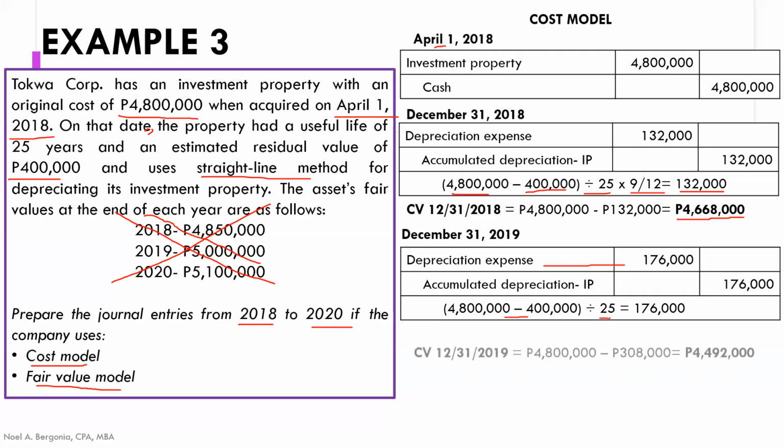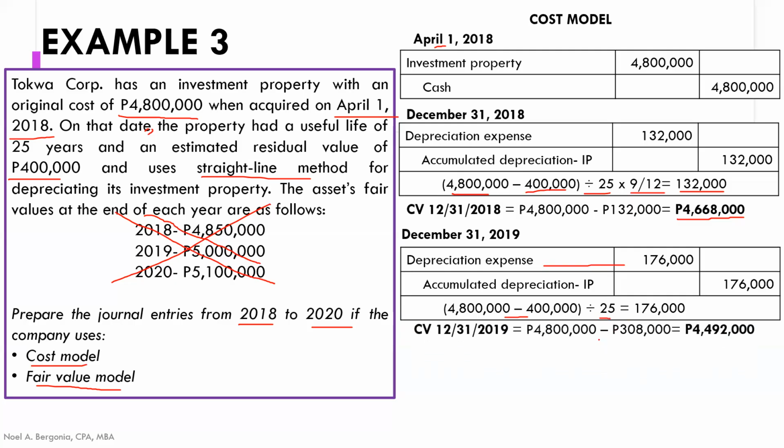The carrying value at the end of 2019: the cost is still 4,800,000, less the accumulated depreciation of 2018, 132,000, and of 2019, 176,000. So we have a total accumulated depreciation of 308,000. The carrying value at the end of 2019 is 4,492,000. That's our investment property's carrying value in 2019.